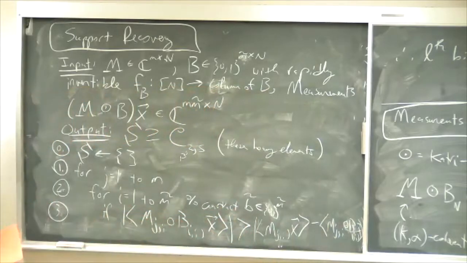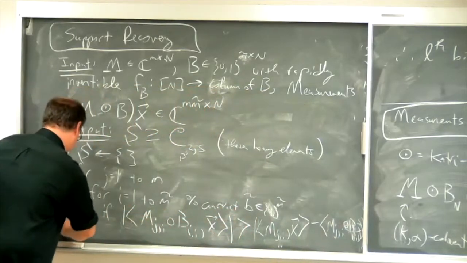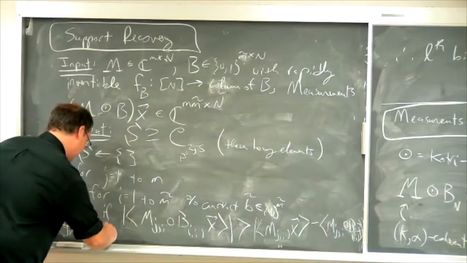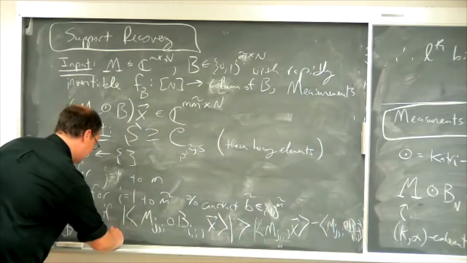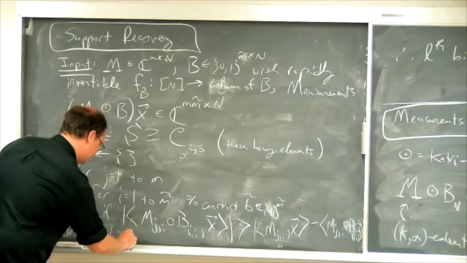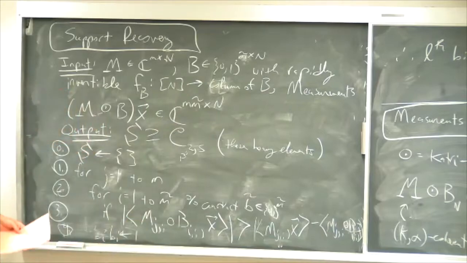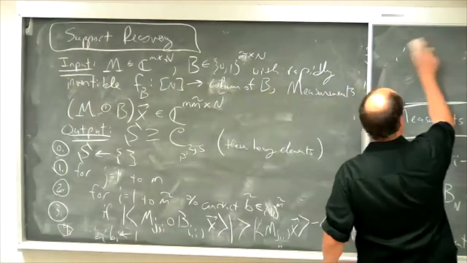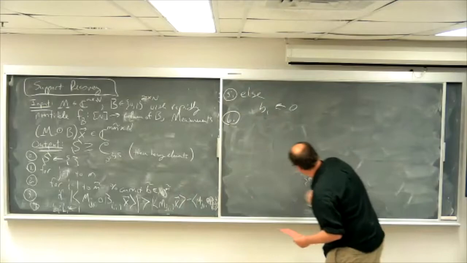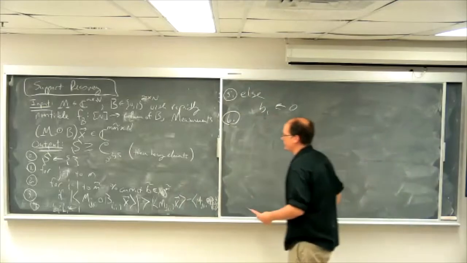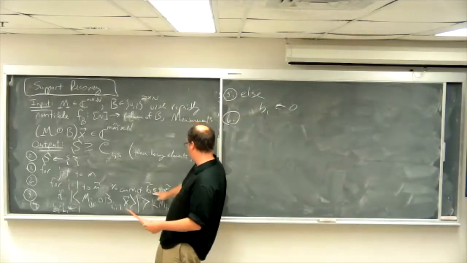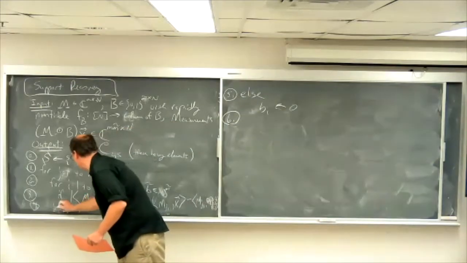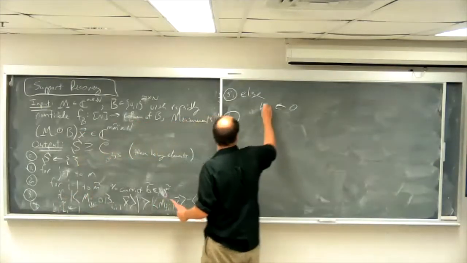So if your bit is equal to 1, set B_i equal to 1. Right? We're doing bit testing for all of our bits. Otherwise, set B_i equal to 0. So now we've filled out all of our entries of our B tilde. So let me call this B tilde i. Consistent.